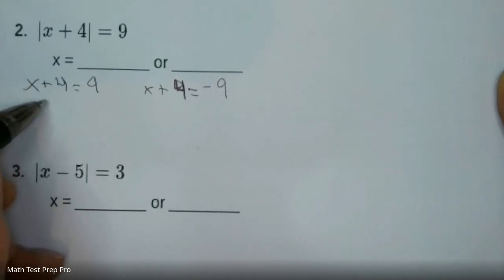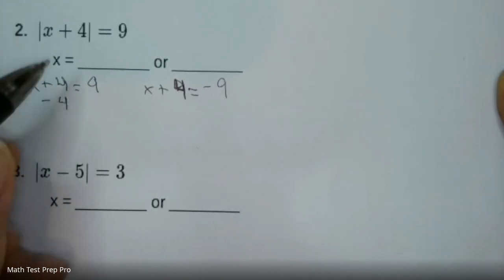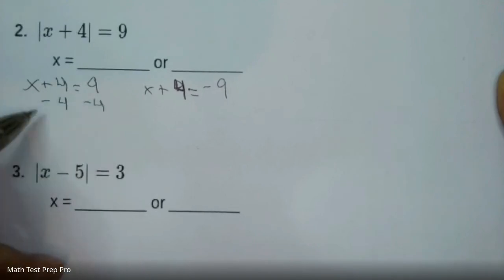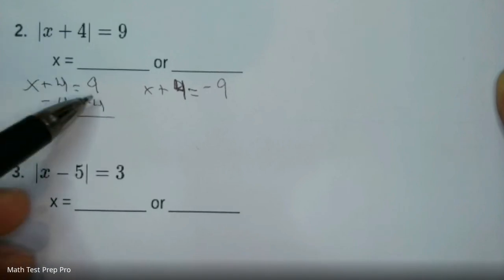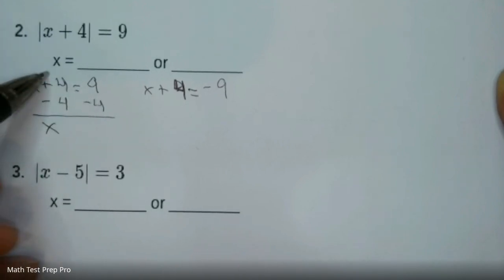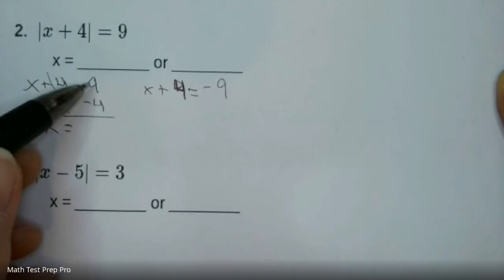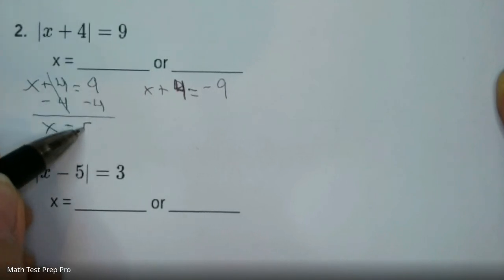To get the x by itself, I'm going to minus 4 from both sides. Whatever we do to one side of the equation, we've got to do to the other. So plus 4 and negative 4 cancel out, the x comes down, and 9 minus 4 is 5.